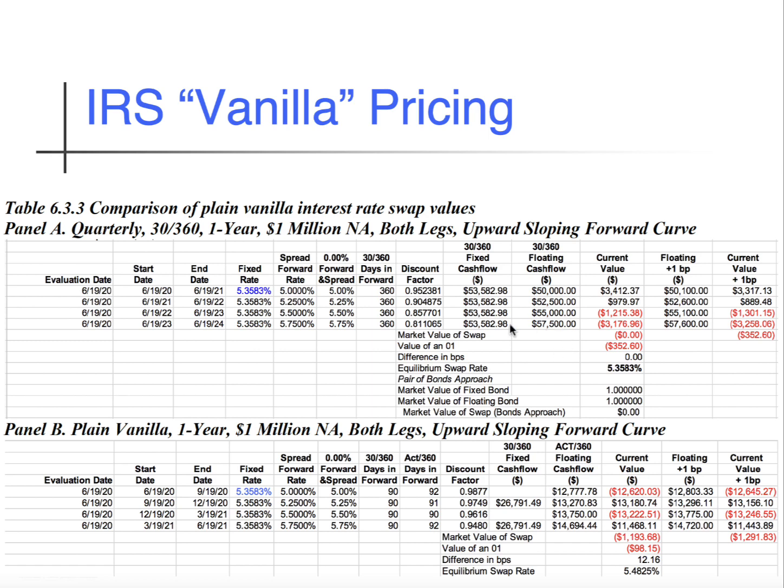The main insight at the moment is that if I go from 30/360 on both legs to a vanilla swap in the LIBOR days, 30/360 semi-annual and actual on the fixed leg, but actual/360 quarterly on the floating leg, we see that using the prior equilibrium fixed rate, this swap has a negative $1,193.68 per million of notional.